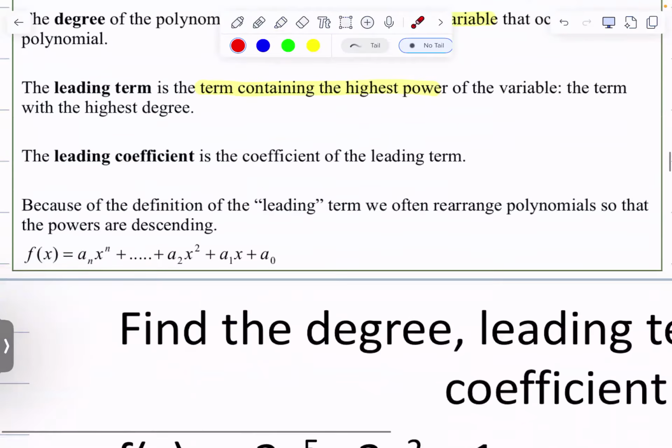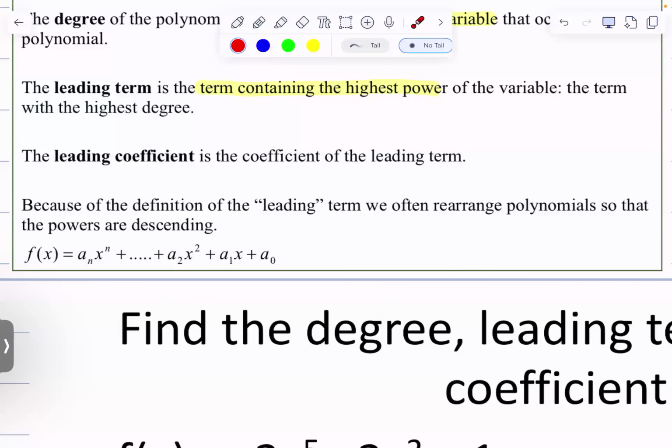Because everything seems to hinge on this leading term, usually that's the one we latch on to figure out the general shape.